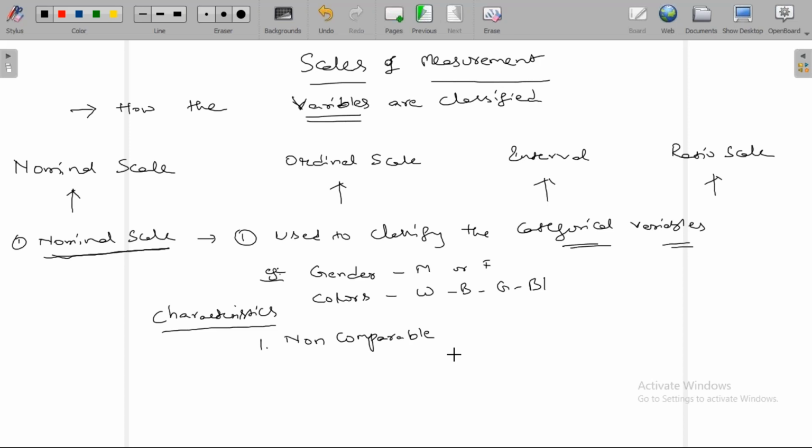And one more characteristic is that we cannot rank them. Ranking is not at all possible. I cannot rank male as 1 and female as 2, and I cannot rank white as 1 and blue as 2, right? So ranking is not possible. So nominal scale is used to classify categorical variables.